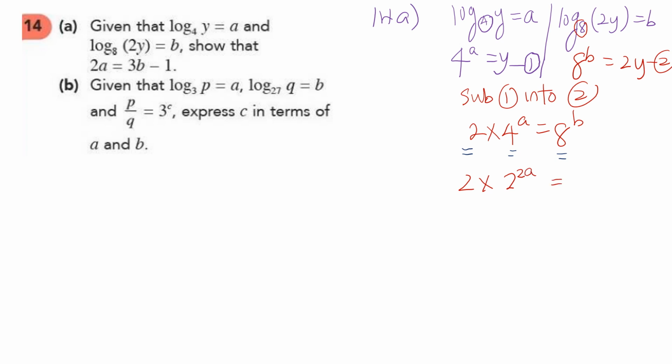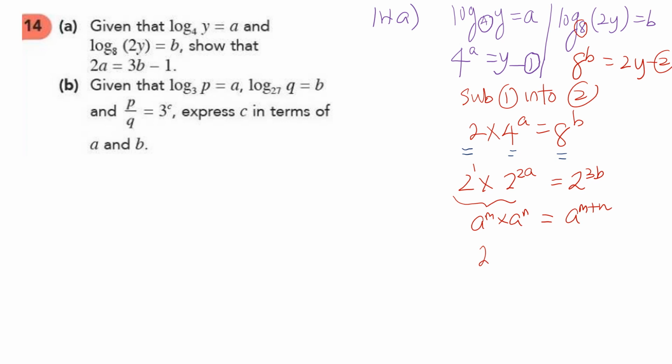And 8 to the power of b, 8 I can write as 2 to the power of 3, so multiplied with b will give you 2 to the power of 3b. Alright, 2 means 2 to the power of 1. So this one here, you can apply the rule that I've learned in the chapter under indices.